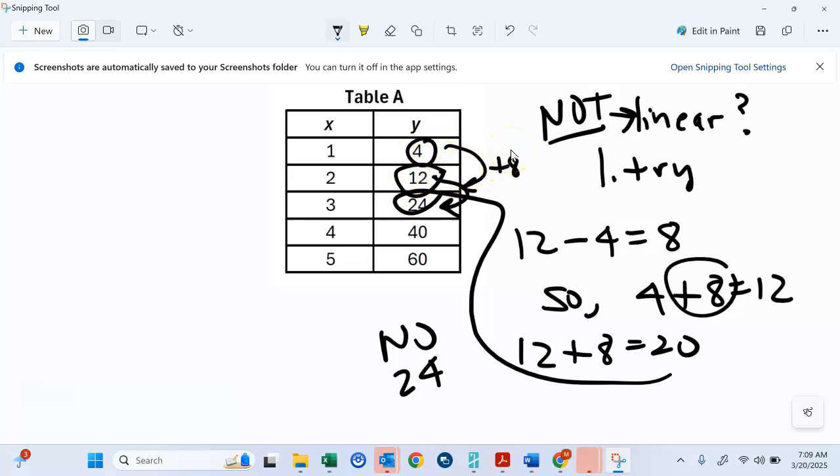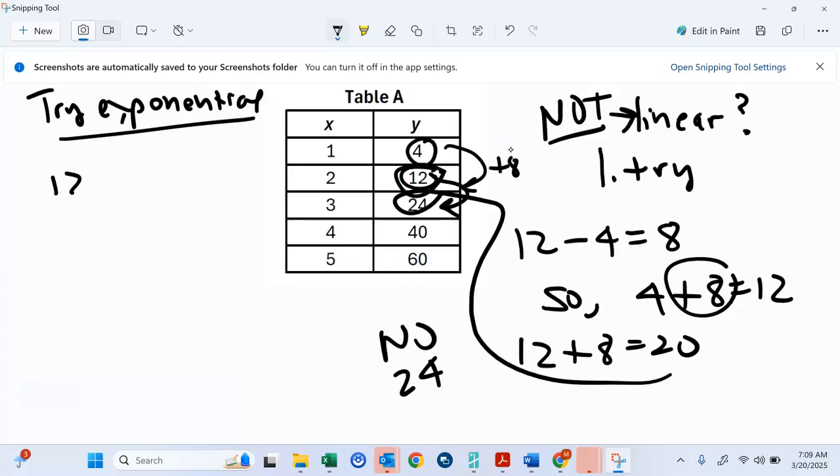Now we're going to try exponential. Okay, so to try exponential, we take the second number, the 12, and divide by the first number, 4, so that equals 3.